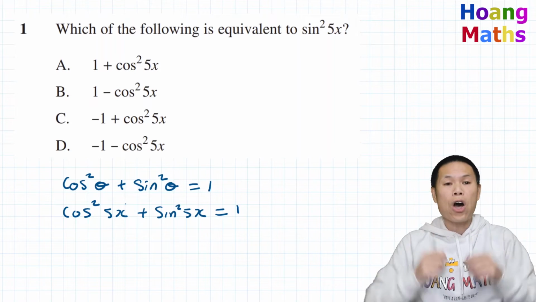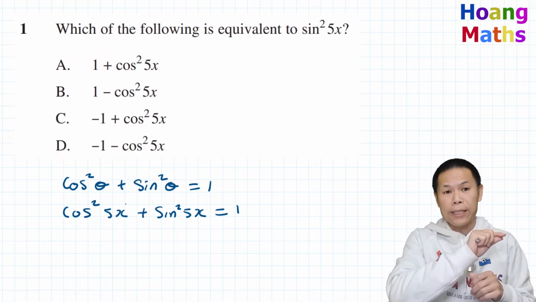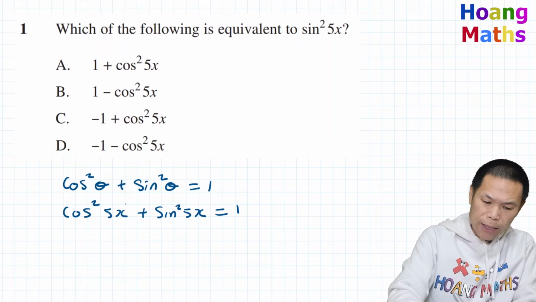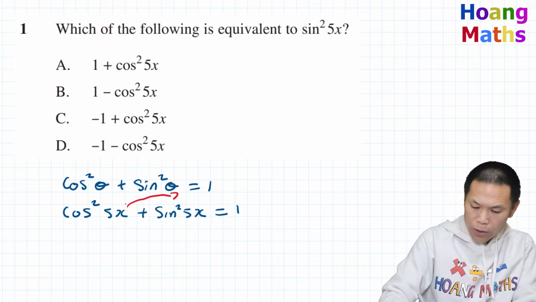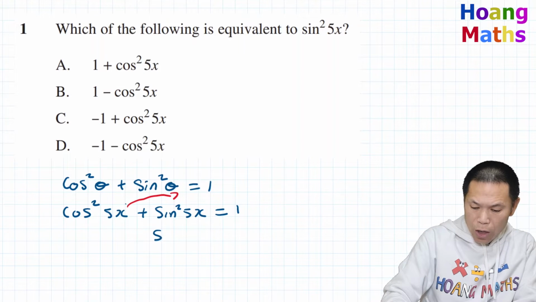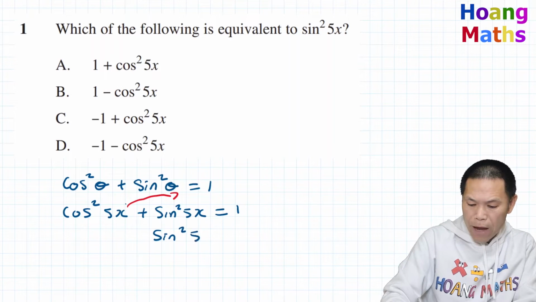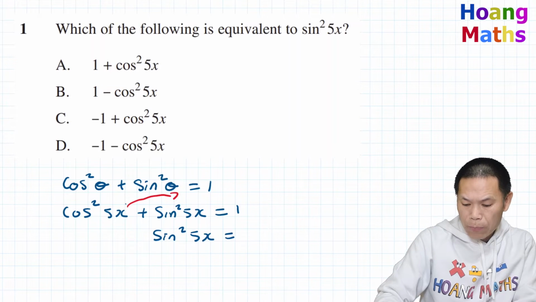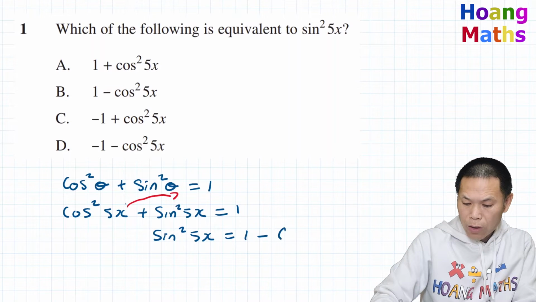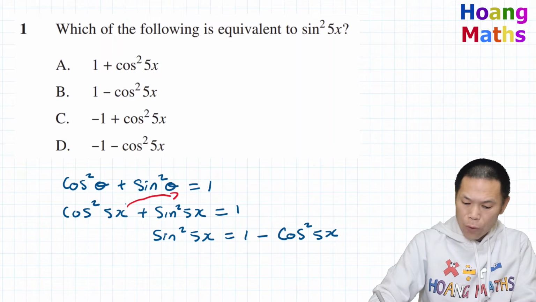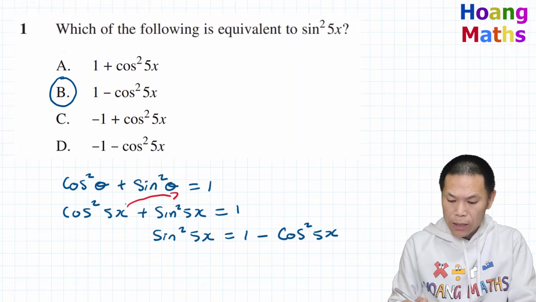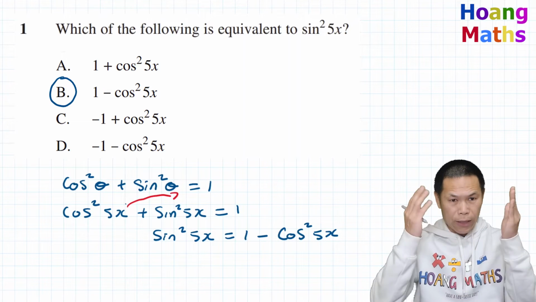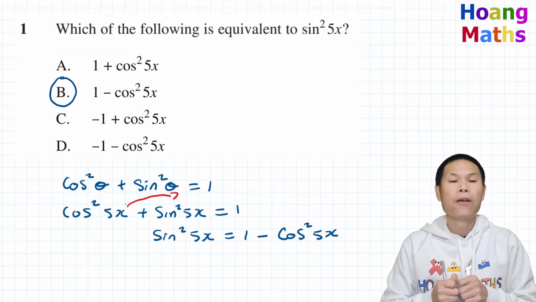If I move cos square of 5x to the other side, sine square of 5x becomes 1 minus cos square of 5x. Therefore, the answer should be B.